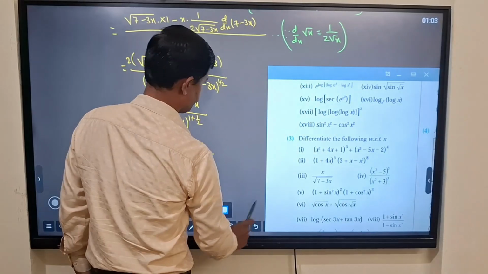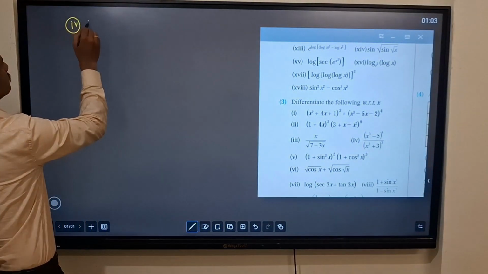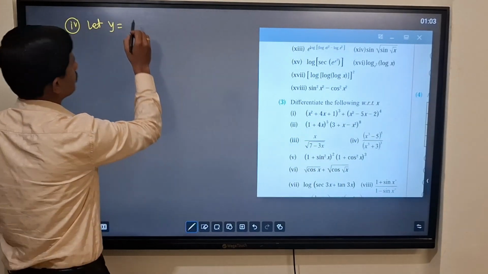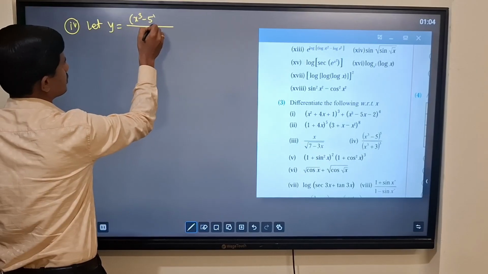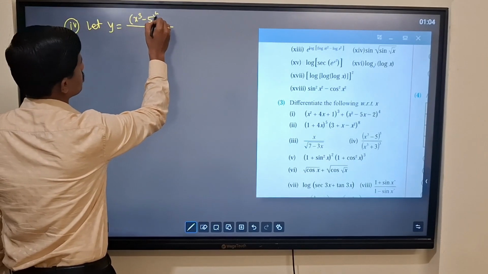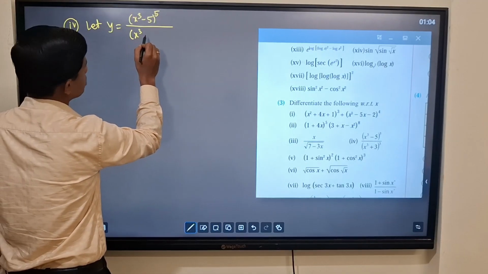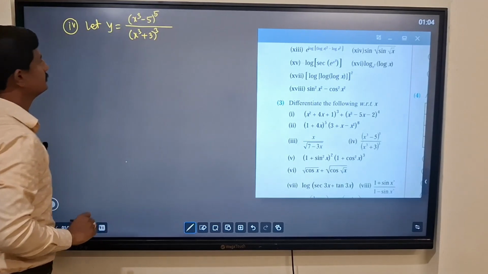Now for the next question, the fourth one. Let y equal to x cube minus 5 raised to 5 upon x cube plus 3 raised to 3.